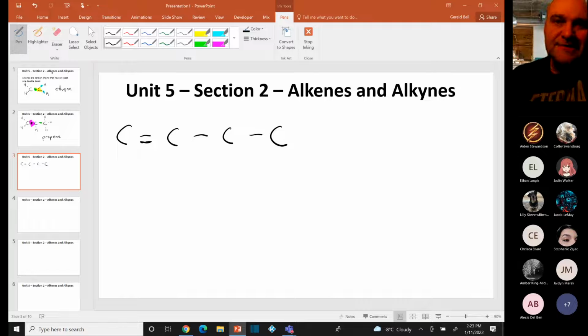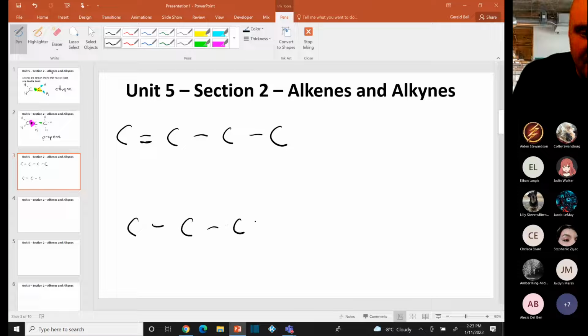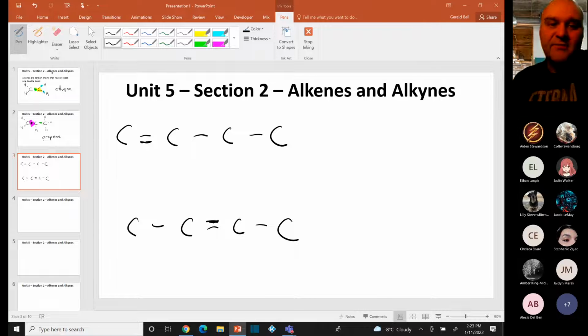Now, if we were in class, I would ask you guys to make this with your molecule kits, and inevitably, most of you would make this carbon chain. This is this example. But believe it or not, a few of you would actually make a slightly different one. That slightly different one begins looking like this, but what ends up happening is some kids create it with a double bond in the middle spot.